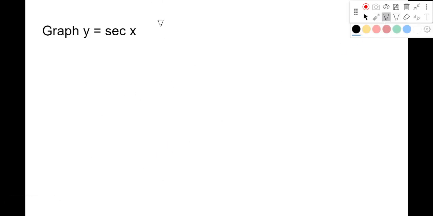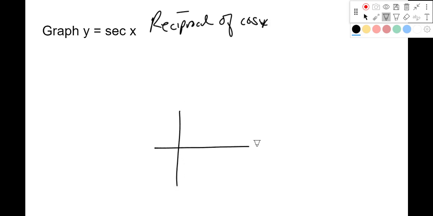So, for secant, it's the reciprocal of cosine. And we're going to do literally the same thing we just did on the previous slide. Now, let's see if we can review a little what cosine looks like. So we start on 0. We have pi over 2, pi, 3 pi over 2, 2 pi.